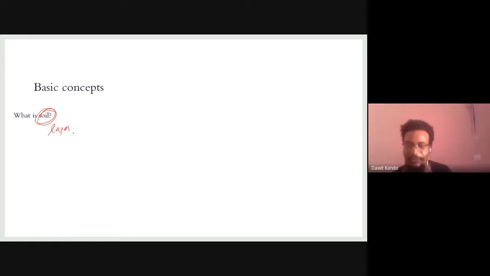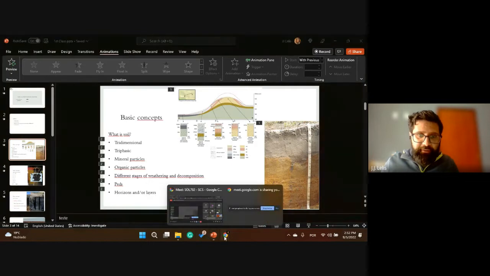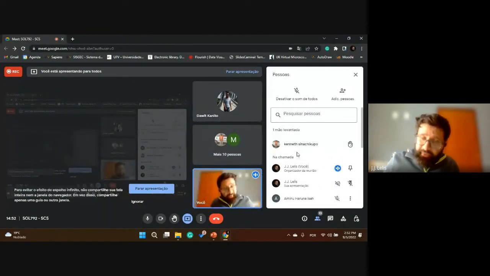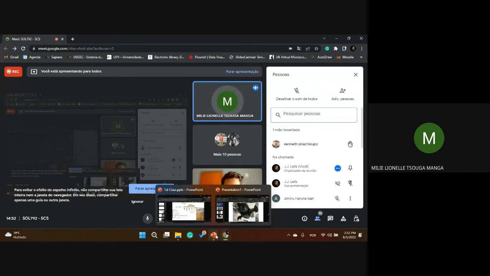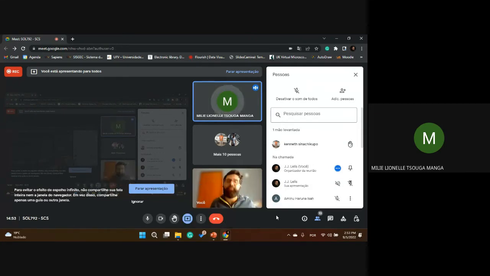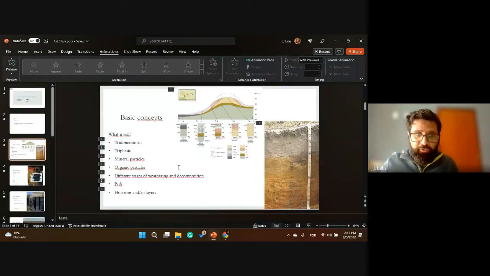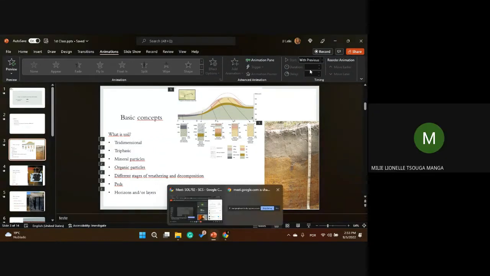Thank you. Billy, please. Adding to the definition given, we can add that it is the outermost thin layer on which crops grow. Okay, so soil supports life. Exactly.